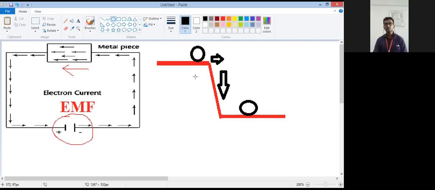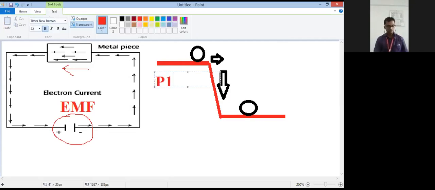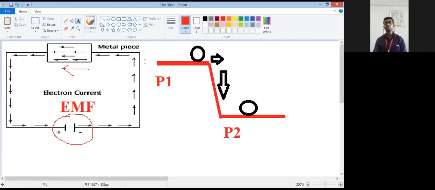Why is this so? Because this is at potential P1 and this is at potential P2. So these two have a potential difference. You know the potential energy and kinetic energy.